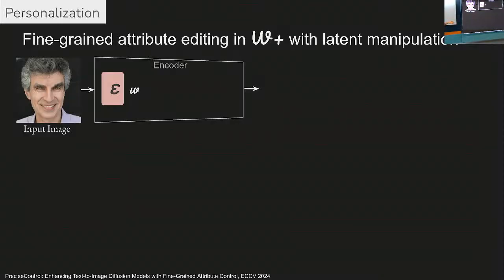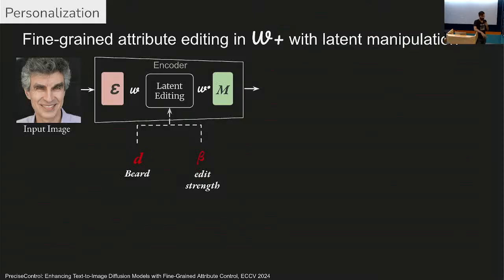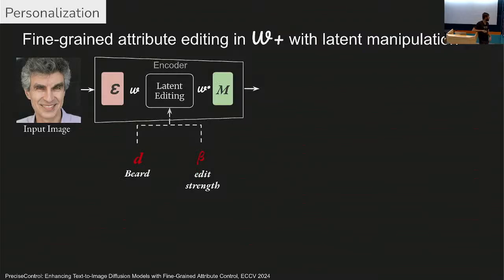So during inference, you pass an input image through the StyleGAN encoder and get a W. You do latent editing in the W. Let's say in W space there exist directions to edit one attribute at a time. In StyleGAN, people have shown there are lots of works around that. You can find a direction to edit. Like we saw some interpolations, right? It's very smooth. So you can use the same space to perform edits, for example, adding a beard.